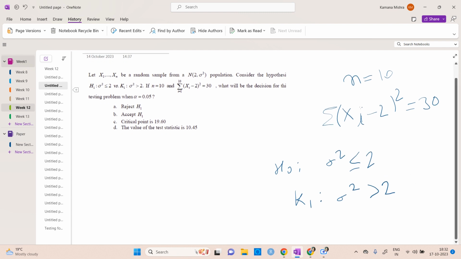So what would be the decision of this hypothesis?